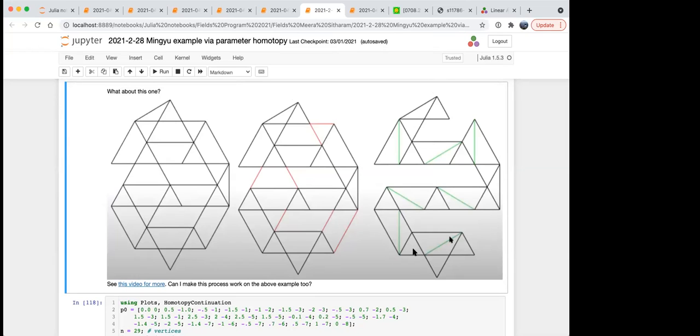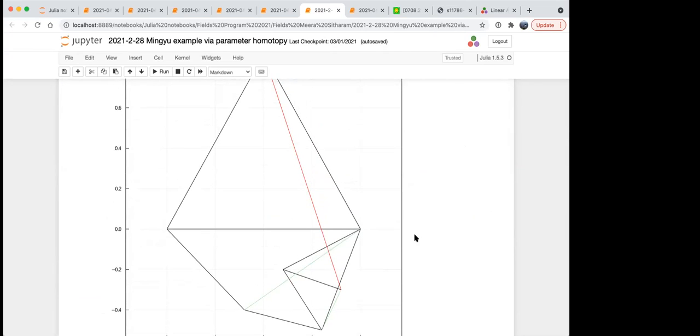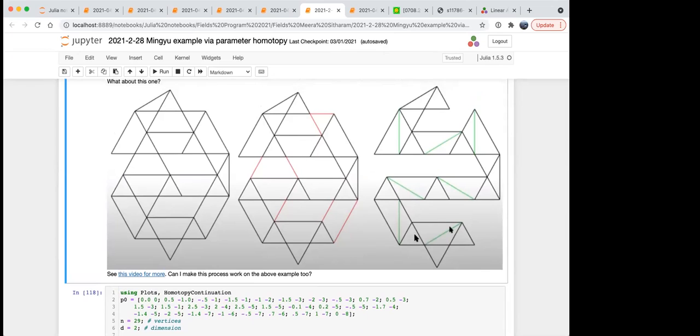And you needed 3 green edges, 3 Cayley parameters, to make it a 2-tree, but it only needs 1 to make it a tree decomposable graph.